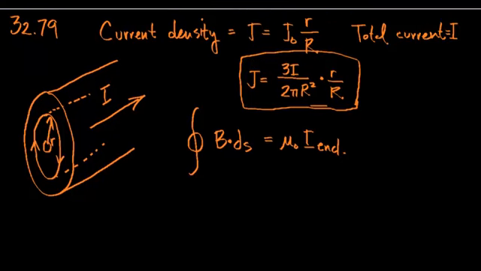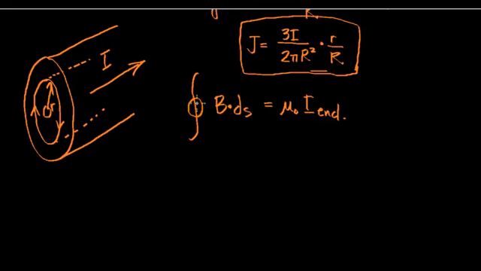So we're kind of led by the nose to use Ampere's law, which says that the closed line integral of B dot ds is equal to mu naught times the current enclosed.